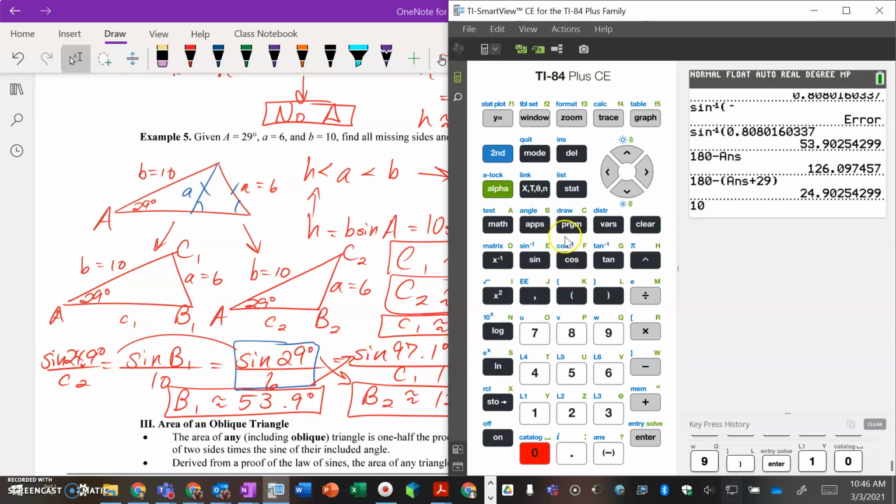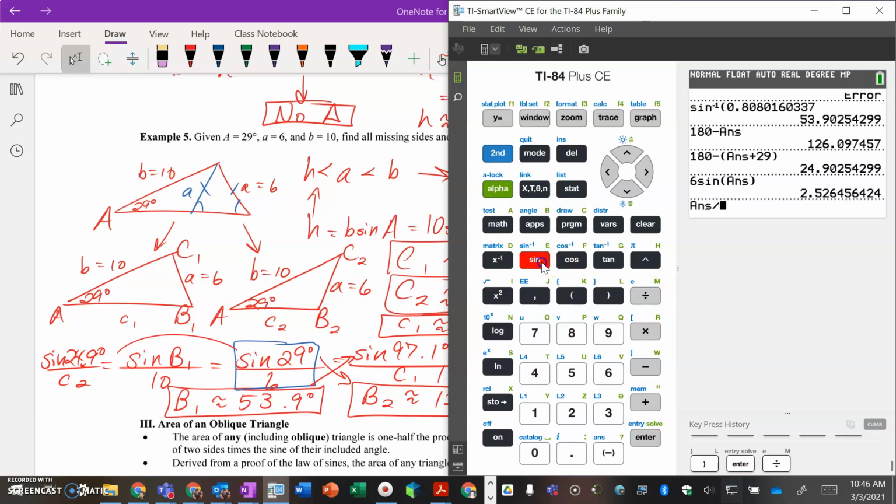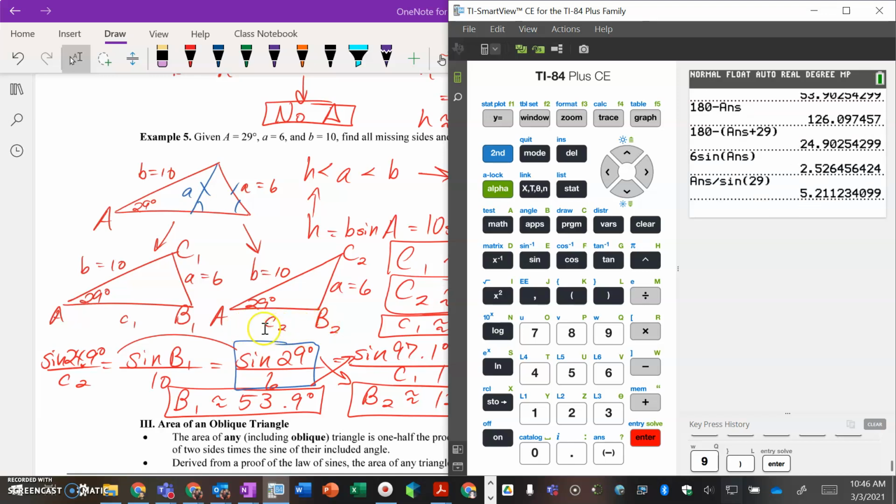So let me go back a step, and I apologize, 6 sine of the second answer, don't round it again if you can avoid it, and that equals a decimal, divided by sine 29, and remember we're solving for c sub 2, that should be the length up to 1, which is what I've denoted right here for c sub 2.